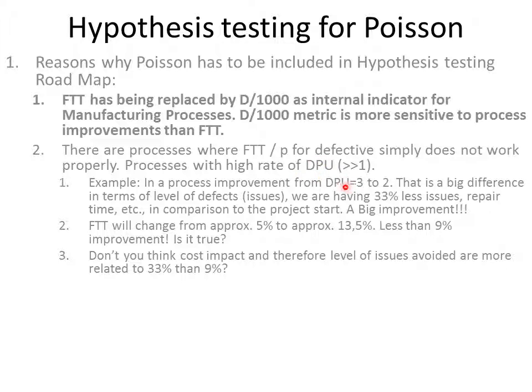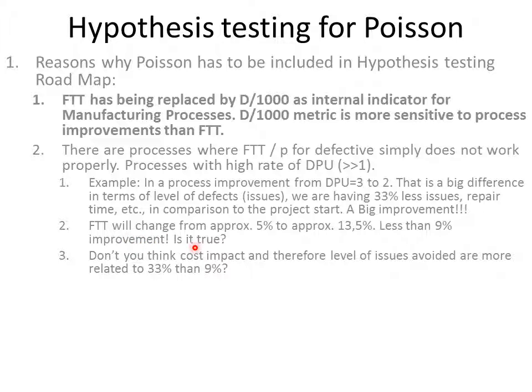In this example, imagine we have a process that we have improved from 3 to 2 defects per unit. So we can say that we have 33% fewer issues than before. That is a big improvement. If we have measured this process using FTT instead of defects per unit, then our calculation would show us this level of improvement, only 9%.